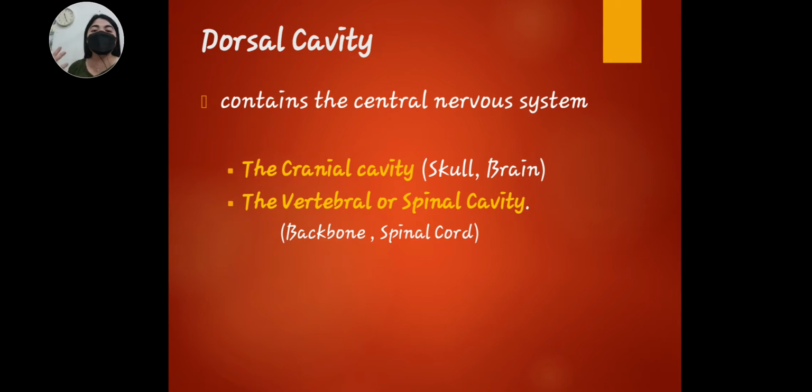You can see that in the illustration I showed earlier of the posterior. What are the parts in the posterior? Again, for the vertebral or spinal cavity, you can see the backbone and your spinal cord. You can visualize that in my illustration from earlier.